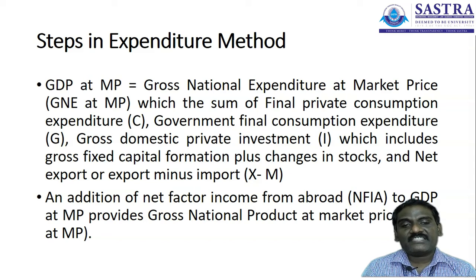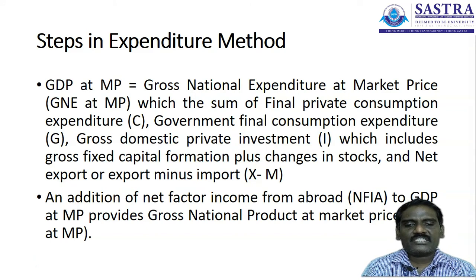It means the sum of the final private consumption expenditure plus the government final consumption expenditure plus gross domestic private investment, and we add the gross fixed capital formation plus the changes in the stock and net export, that is, export minus import, to calculate the gross domestic product at the market price.